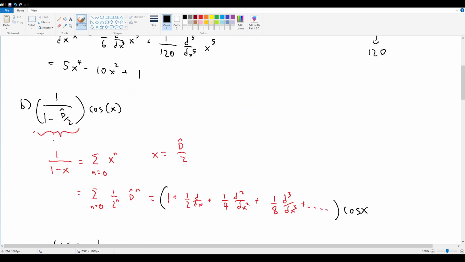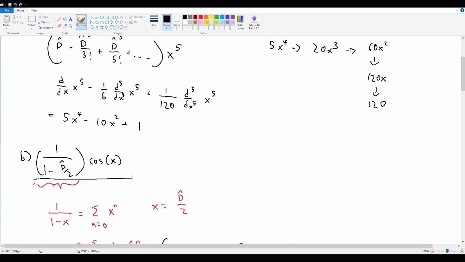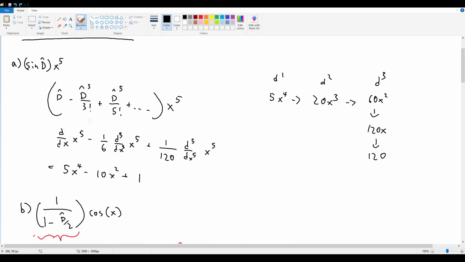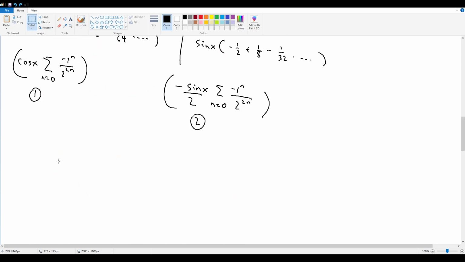So in reality, this thing is ultimately going to simplify down. Let me copy it over. This is also ultimately going to equal the sum of two series. So cosine of x, summation n equals 0 of negative 1 to the power of n over 2 to the power of 2n.